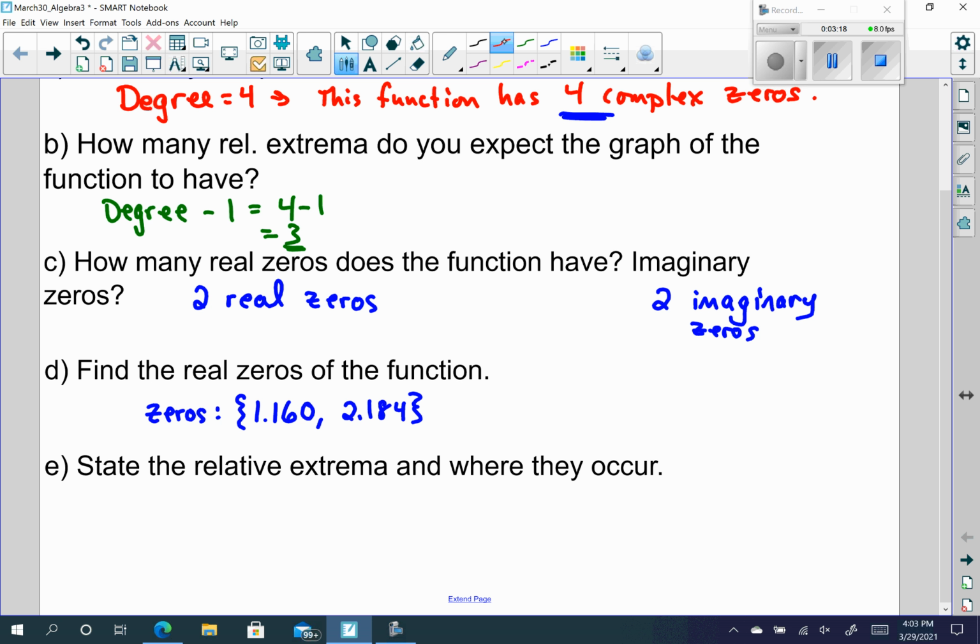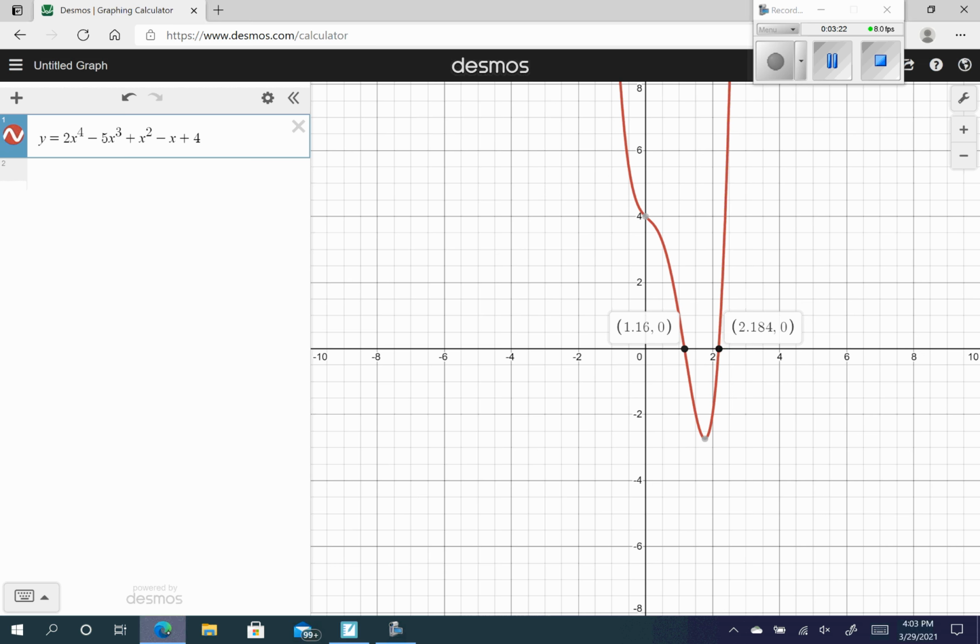Part E, state the relative extrema and where they occur. Now again, the way we can tell, this point is not a relative extrema. The way to be sure is our graph has to change from increasing to decreasing or decreasing to increasing. So if we take a look to the left of this point, our graph is decreasing and it's still decreasing. So we do not have a relative extrema there. We only have 1.